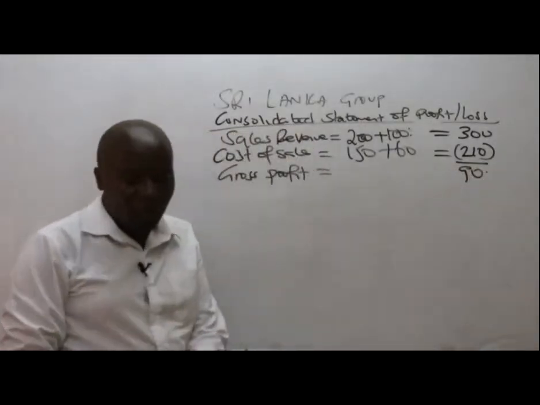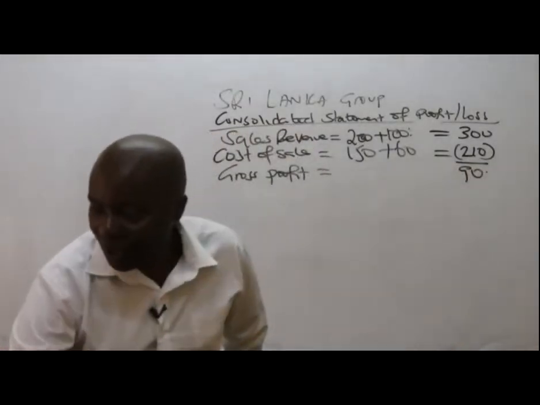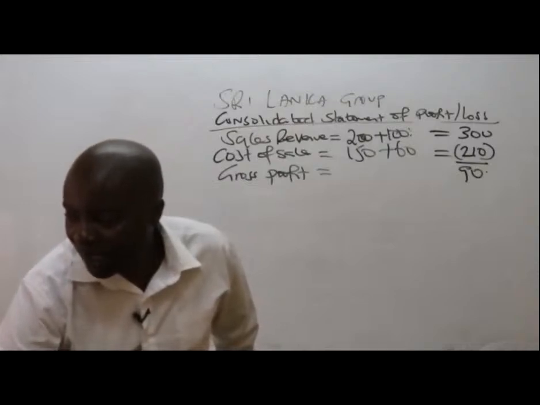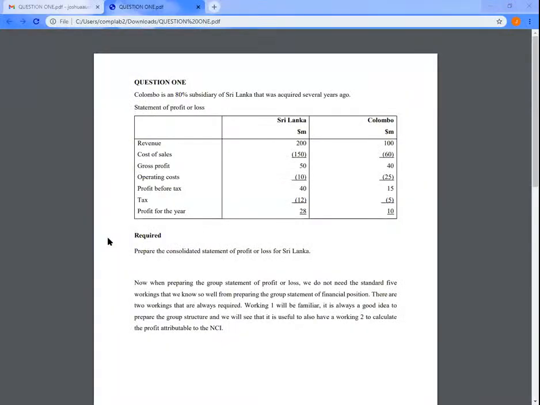From there, we need to look at the expenses side. In the expenses side, we have the operating costs. What I'm simply doing is to put together; to consolidate is to put together.